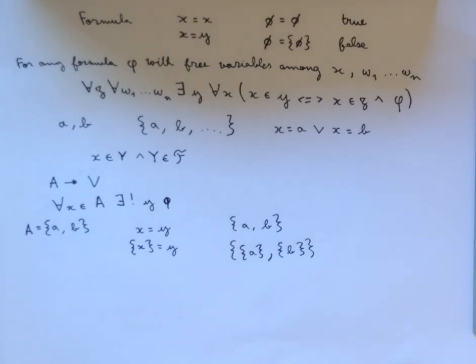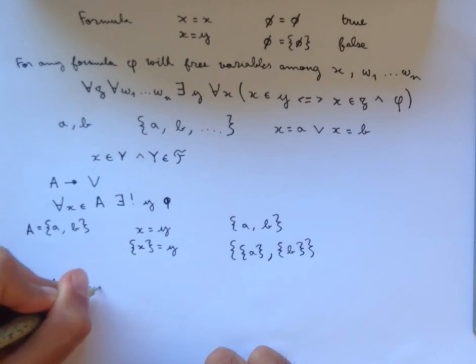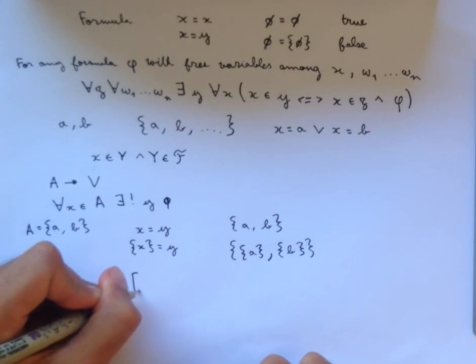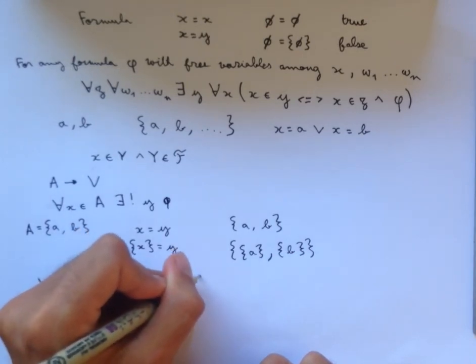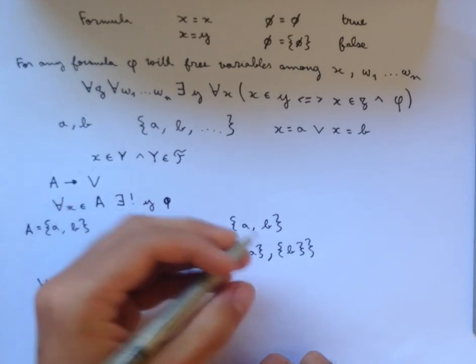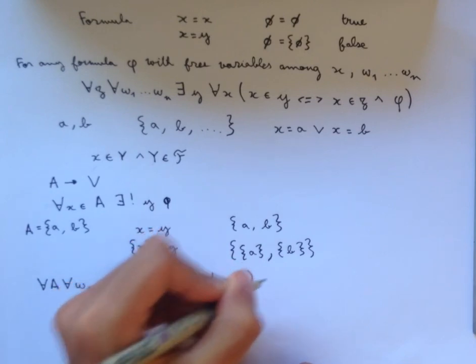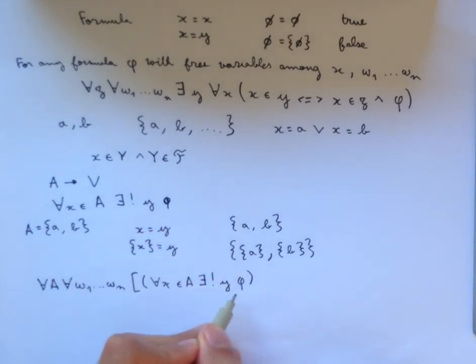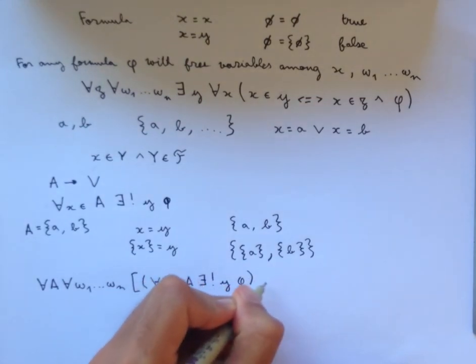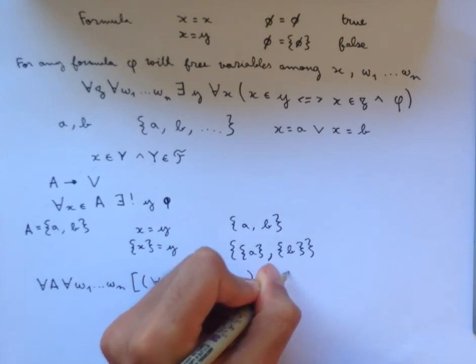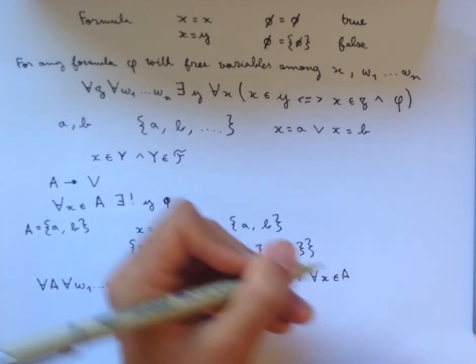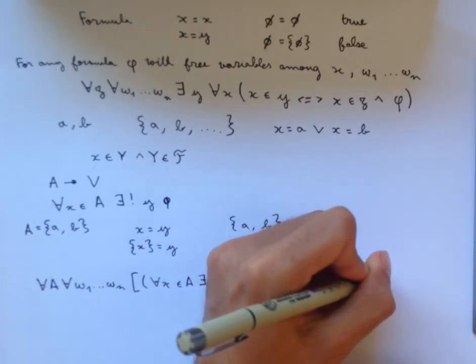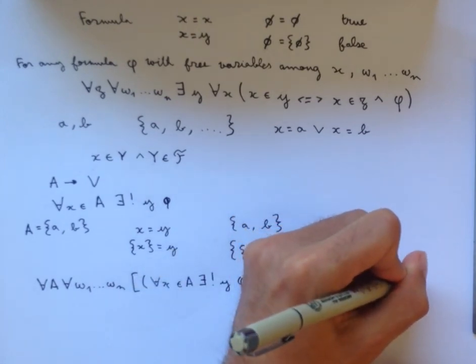And so the way to write this out precisely is that for all A, for all w1 through wn, if for all x in A, there exists a unique y satisfying phi, this is our clause that says that phi can be turned into a function that we just discussed, this implies that there exists a big Y such that for all x in A, there exists a little y in Y satisfying phi.